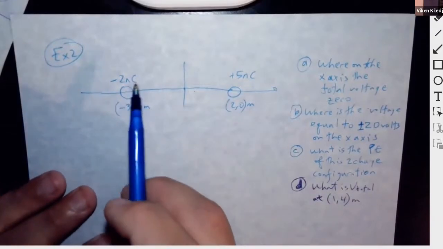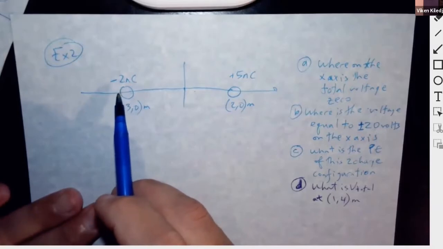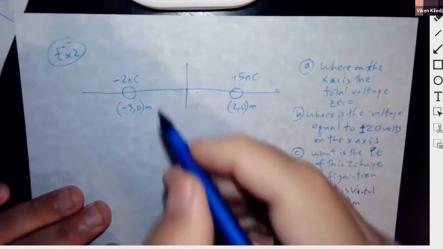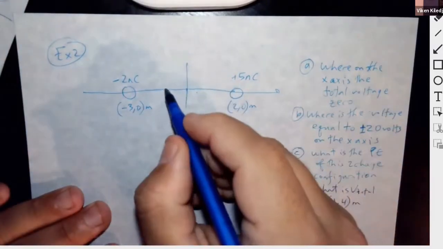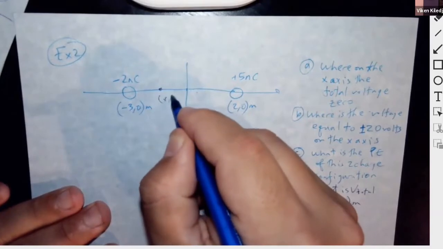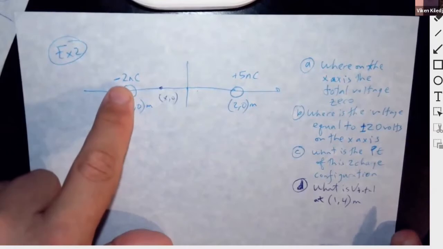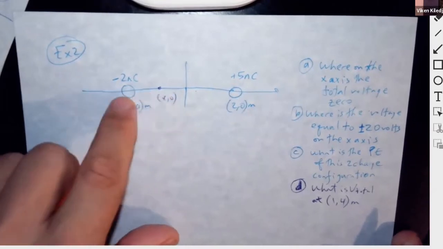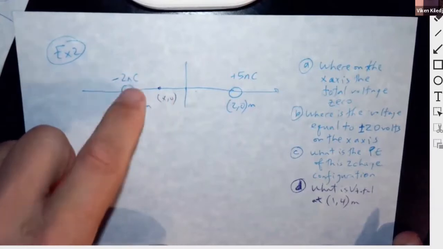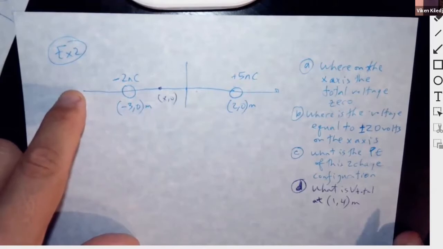With voltage, of course, it's quite a bit easier to answer these. You don't have to worry about direction. So if you choose a certain place, like let's say here, and it has components x0, well, as long as the distance is appropriate, probably closer to the -2, the voltage could be 0, but it could also be 0 on the other side.